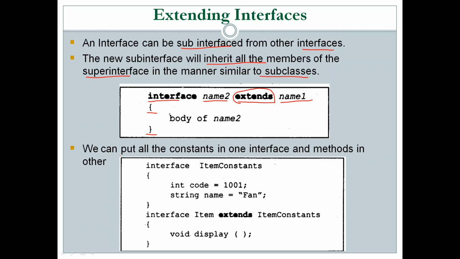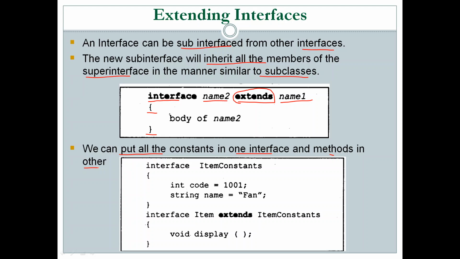This is very helpful when we want to put all the constants in one interface and methods in another interface. This inheritance of interfaces is helpful because an interface simply includes abstract methods and final fields, that is, final variables.